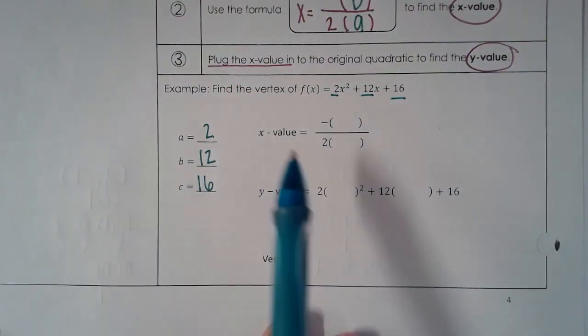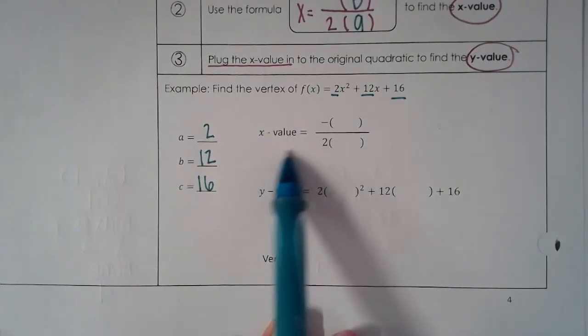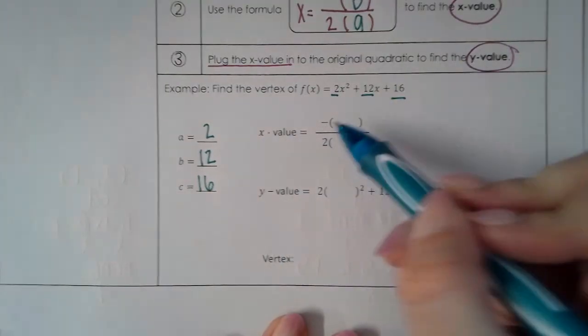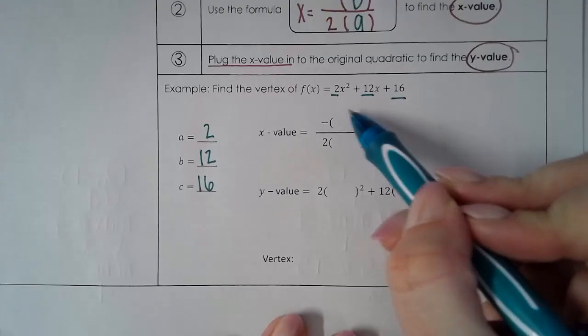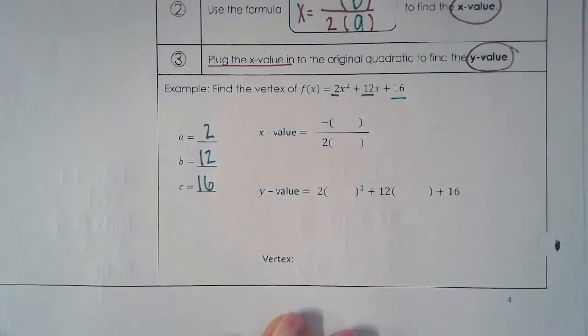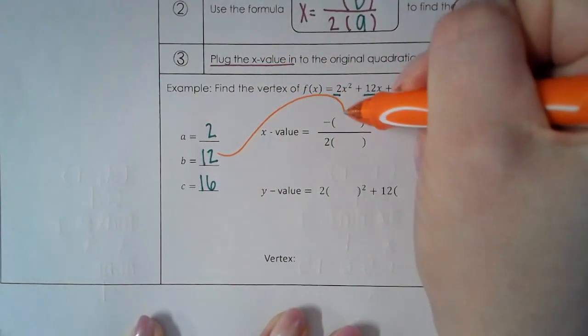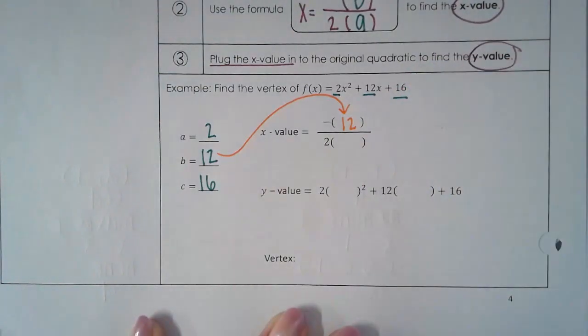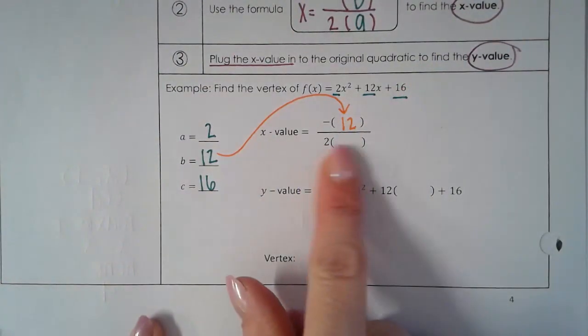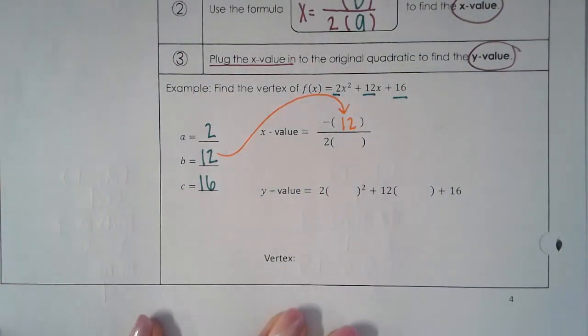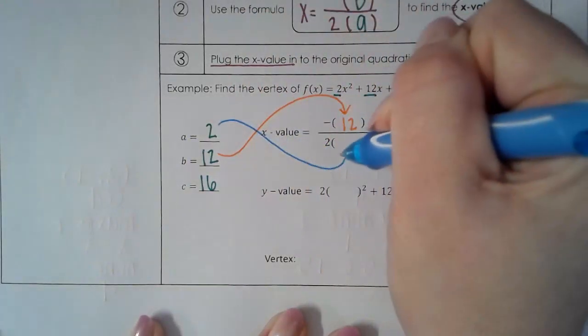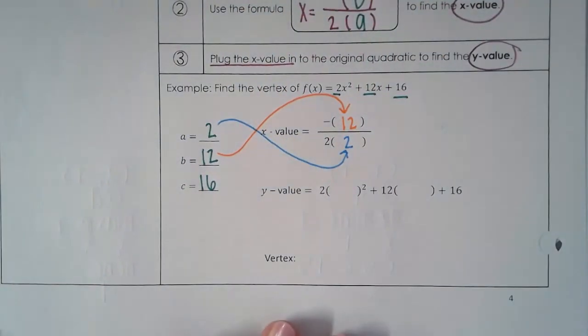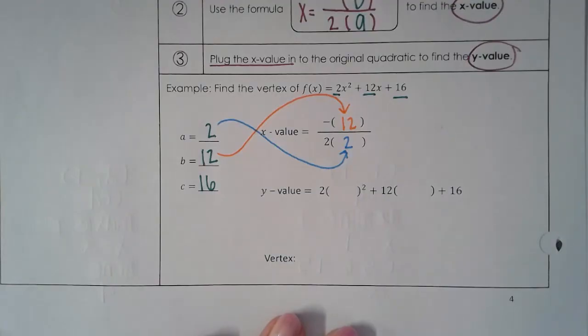And then we're going to do the formula. To find the x value of the vertex, we do negative, and then in parentheses is our b. So we take our b and we put it here. And then it's 2 times our a. So the a goes there. And you can type this in the calculator.